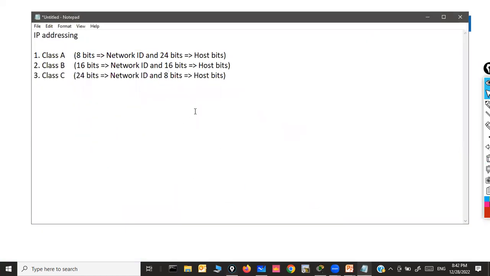Okay. And the important point, I'm just writing some IP addresses, and you'll have to answer whether each IP is correct or not. So let me write down some IPs here, and another IP also.